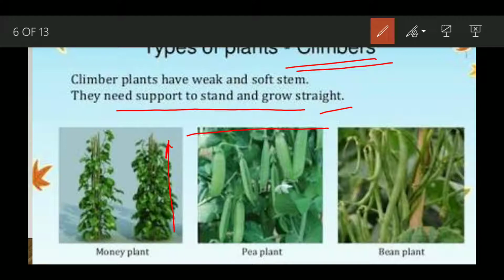They always need a support to grow, and that's why they are known as climbers. Basic examples of climbers are money plant, pea plant, or bean plant.